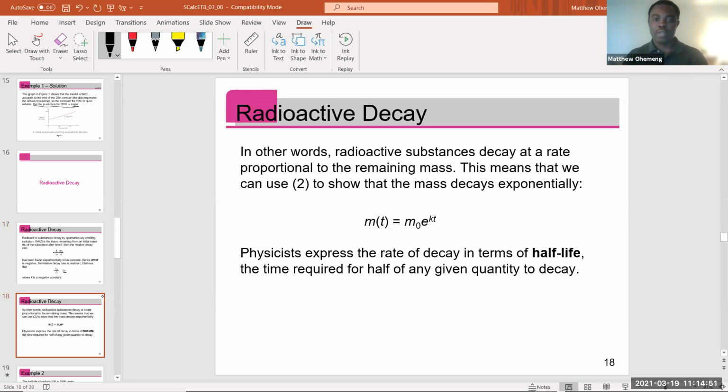Okay, so the model still has the same structure. You have the mass at any time t equal to the initial mass times e to the kt, right? Now we are going to introduce a new term under radioactive decay, which we call half-life. Half-life is the time required for half of any given quantity to decay.